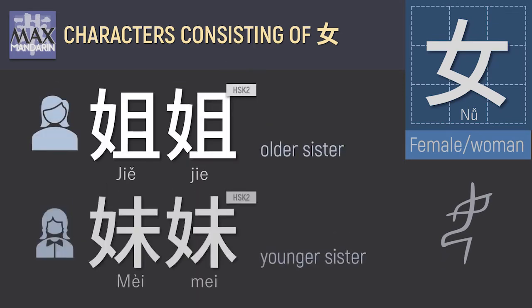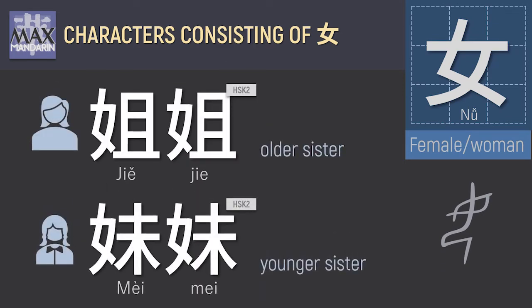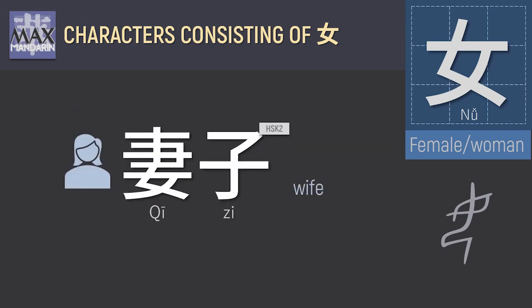And the character 妹, as in 妹妹, younger sister. They both contain the radical 女. The radical 女 is also hidden in the character 妻, as in the word 妻子, wife. Did you find it? It's in the lower part.